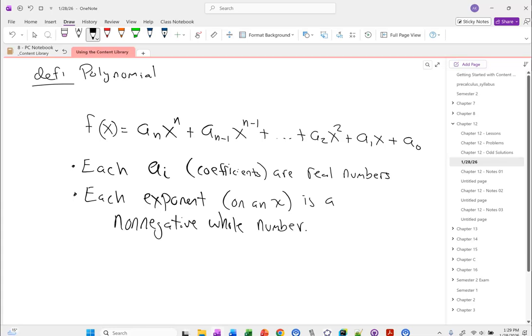And then each of the exponents on our variable has to be a non-negative whole number. So those are the two attributes for being a polynomial. It has to be able to be written in this form, where the coefficients are real numbers, and the exponents on the variable are non-negative whole numbers. So a little bit of vocab related.